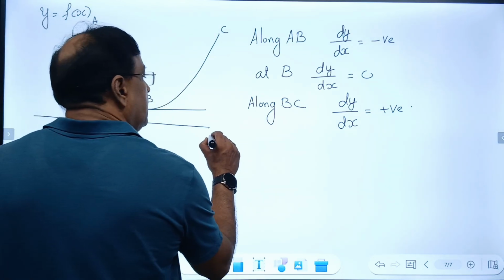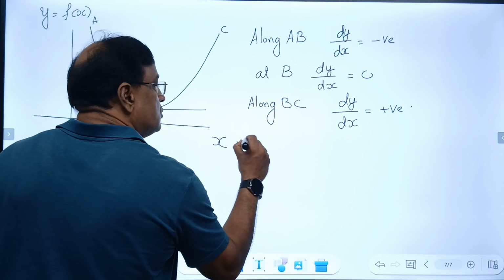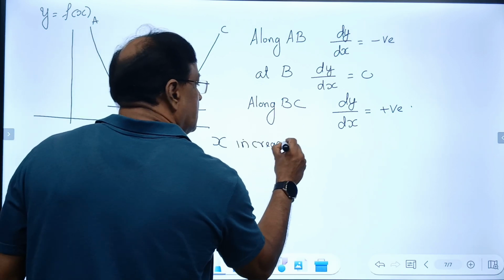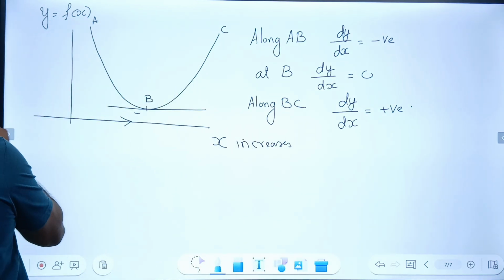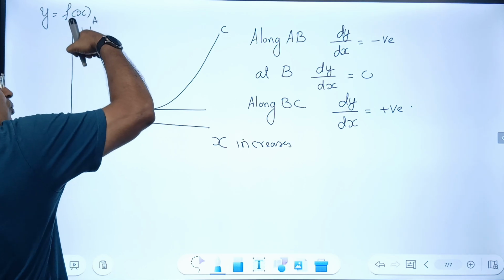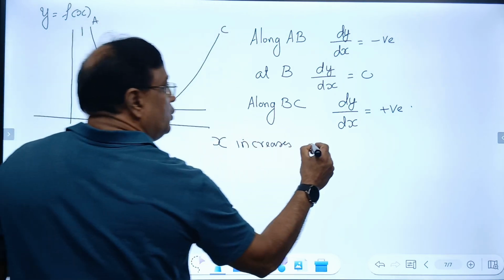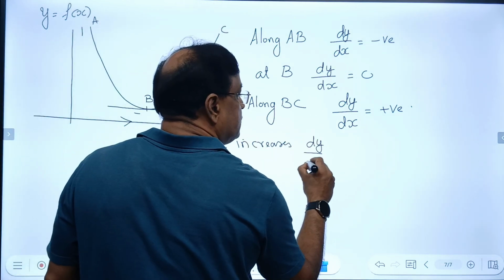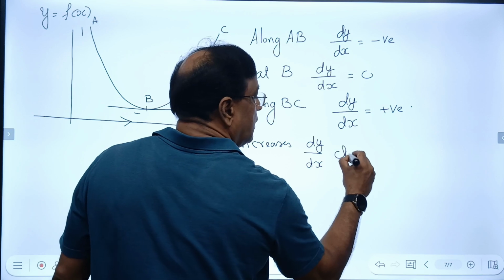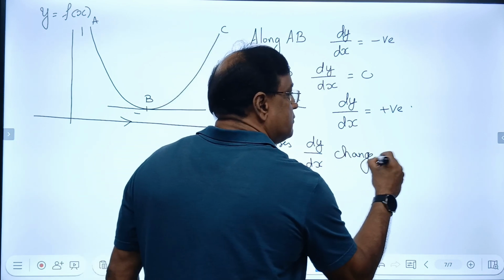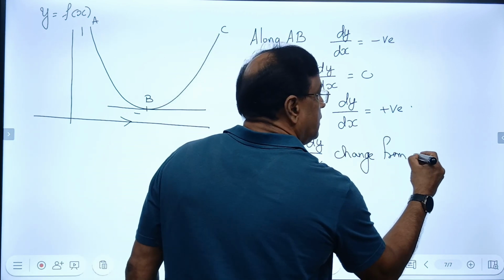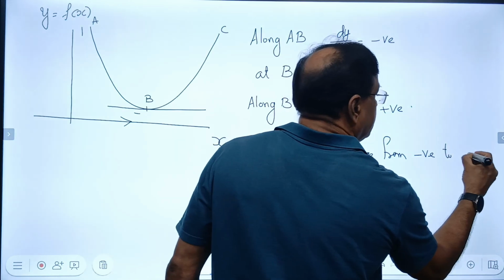Then you can say, when x increases, that is along this, when you move from A to C, your dy by dx changes from negative to positive.